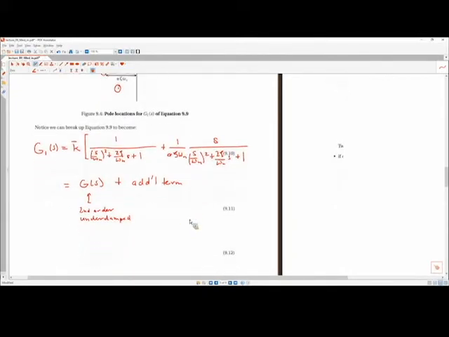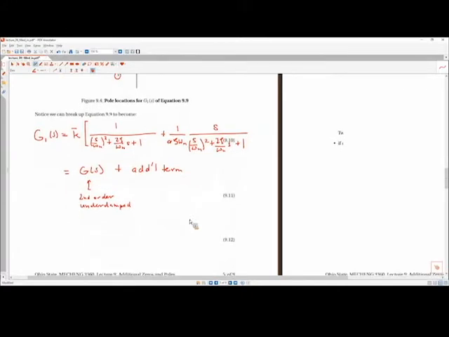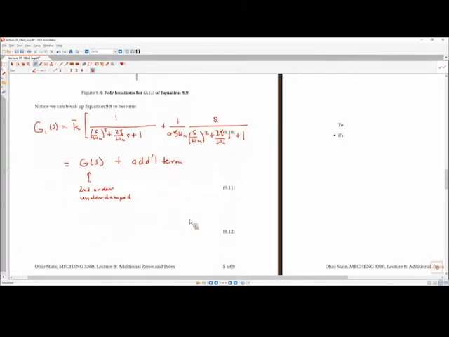Okay, so using our inverse Laplace transform tables, if we want to know the step response, C1 of S is going to be equal to G1 of S times 1 over S. So we're going to do the inverse Laplace transform. All the full details of this are in the notes. But this one we've already done. We did the inverse Laplace transform of this case on Monday.